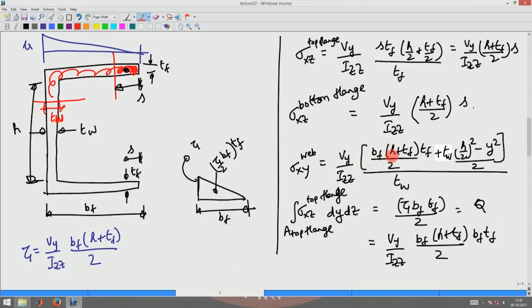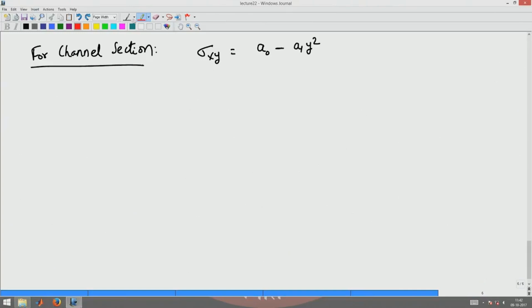If you go back here, all this is some constant minus some constant times y square. Y is a variable about which this shear stress varies. So basically this is how sigma xy varies, whereas sigma xz varies linearly with the independent variable, which is s in this case.